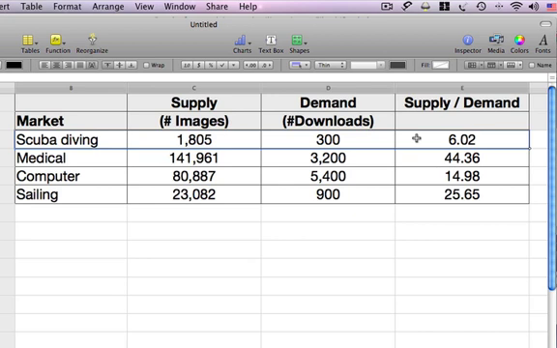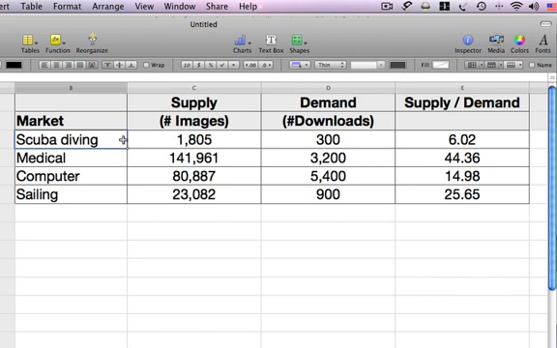And of course you need to do a little bit more research than this to determine your market, but I'm just quickly going to show you here how you can determine the competition in the market. So we will select scuba diving in this case, and what you want to do now is to drill down even further in scuba diving.